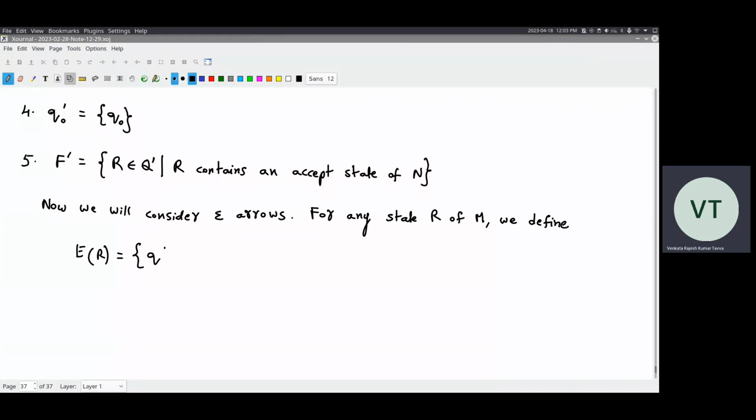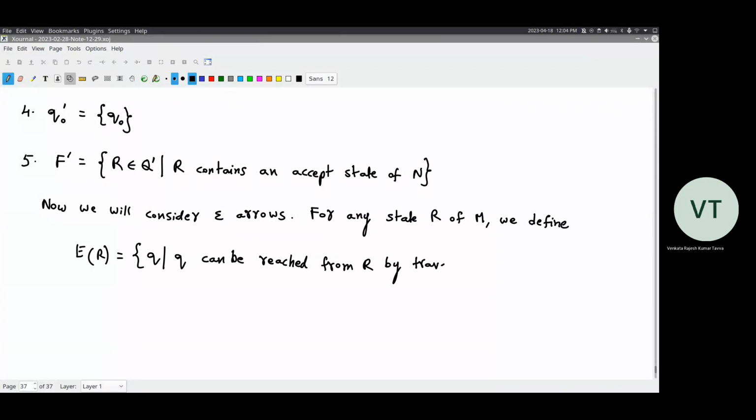that is the set of all Q's such that Q can be reached from R by traveling along zero or more epsilon arrows.